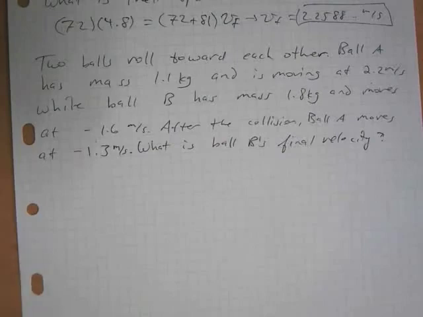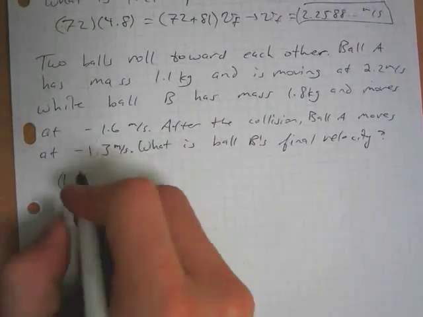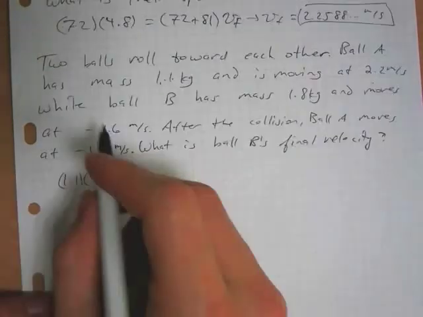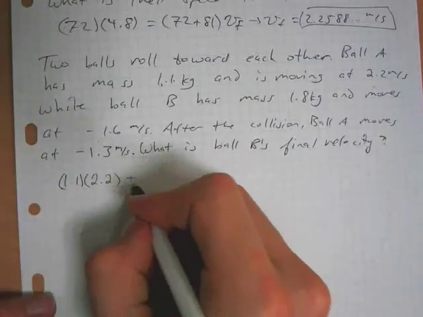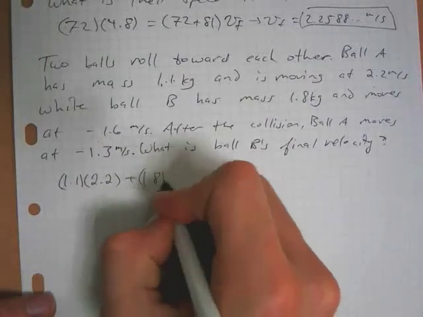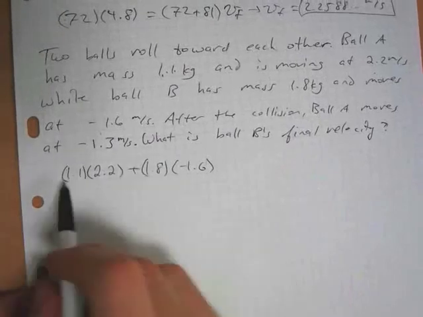This is a more general kind of problem because both objects are moving before the collision. So our total initial momentum has the initial momentum of ball A, which is 1.1 kilograms times 2.2 meters per second, and ball B has a mass of 1.8 kilograms and it's moving at minus 1.6 meters per second. So our initial momentum has two parts. And then that's equal to our final momentum.